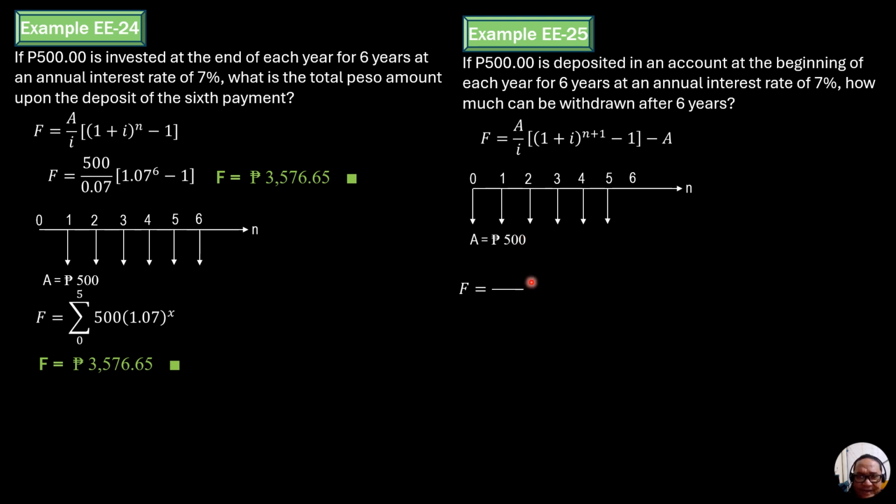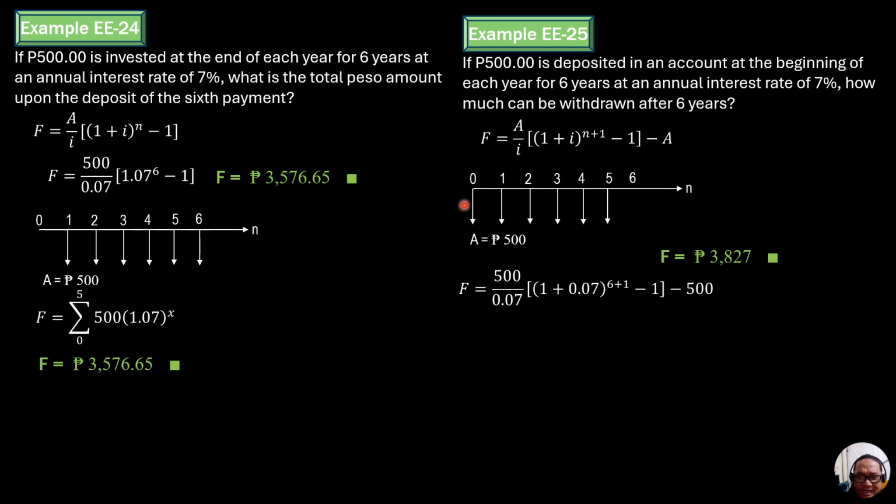So A is 500. So F is 500 over 0.07, then quantity (1 plus i) to the n plus 1, so 6 plus 1, minus 500. And that is equal to 3,827 pesos.